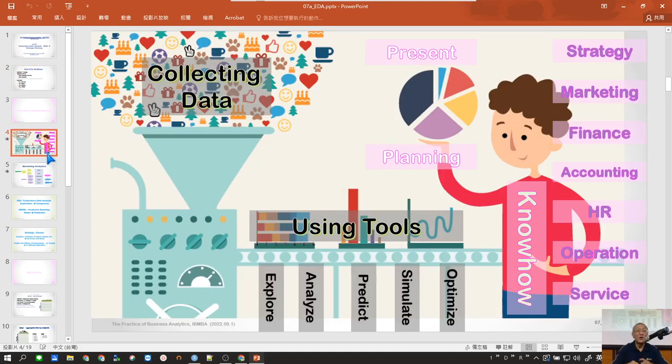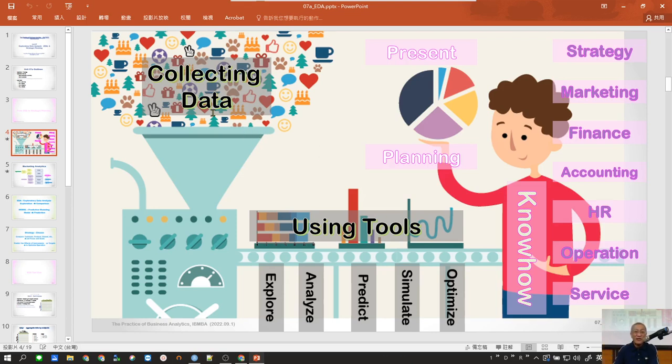In the beginning of the course, we saw this picture, right? Okay, so when we are talking about business analytics, actually we are talking about a data processing pipeline, okay? Kind of like an assembly line, right?